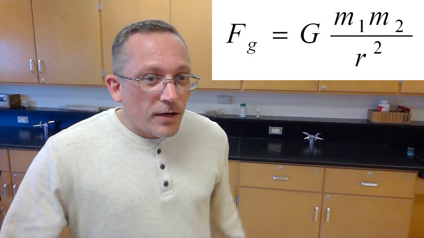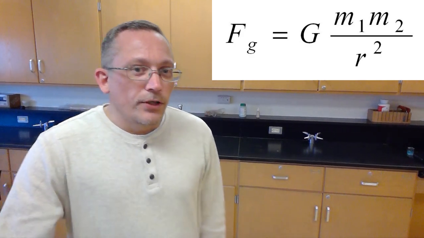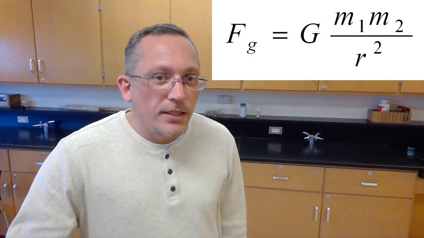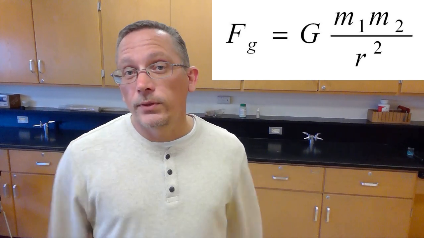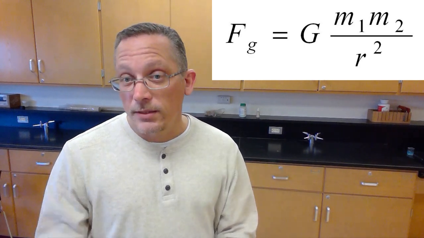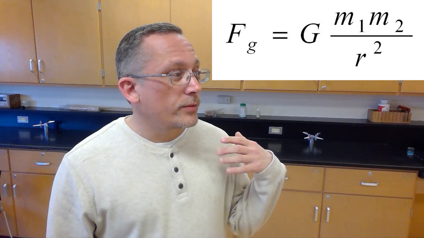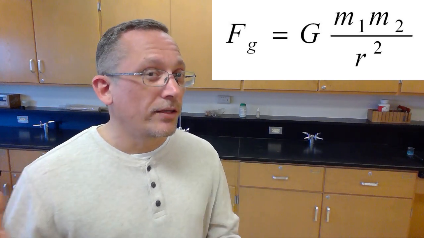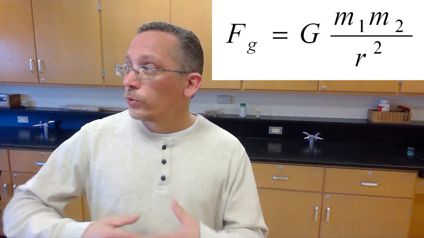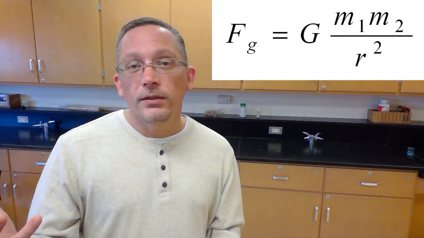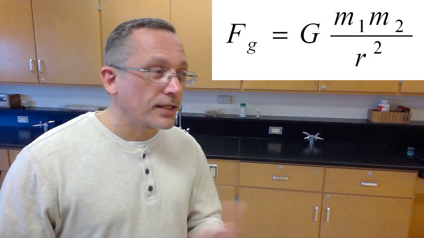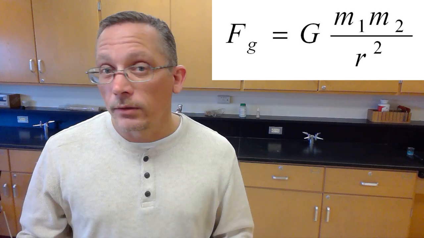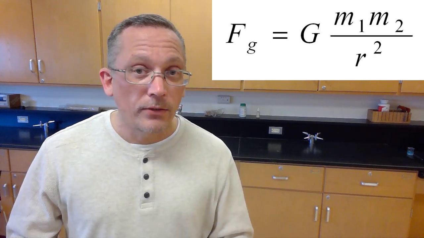Now let's go back and talk about that G for a minute. G is a constant. It's what's called the gravitational constant. This is kind of like a measurement of how strong gravity is in general. There are throughout nature a few of these constants, and these constants are really just a number that describes something about nature.